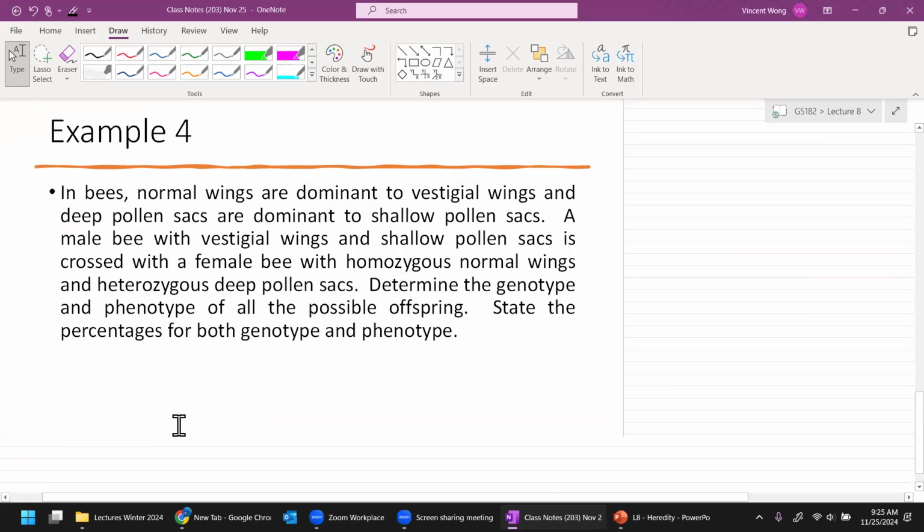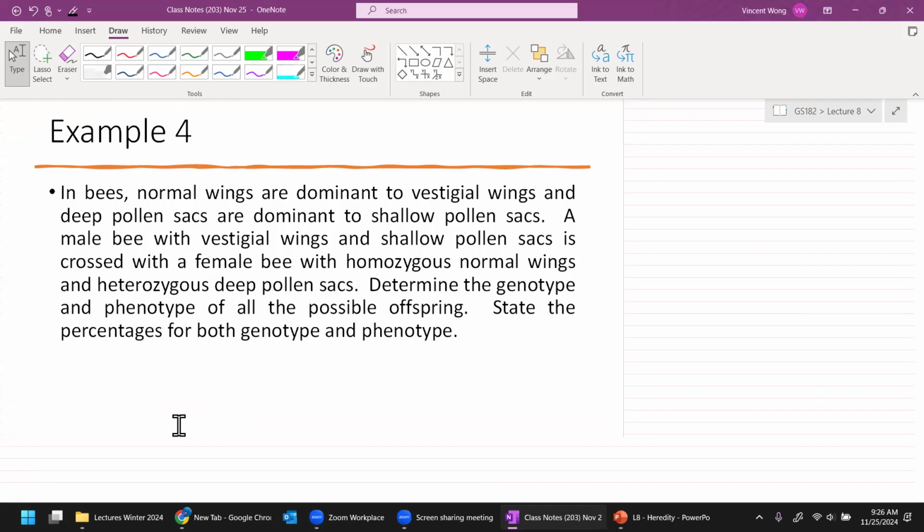Okay, so that's what a typical question would look like on the quiz or test. You don't have to understand what the trait actually means. You just have to pick out the different variety and figure out which one is dominant, which one is recessive, okay? I'll read it to you.